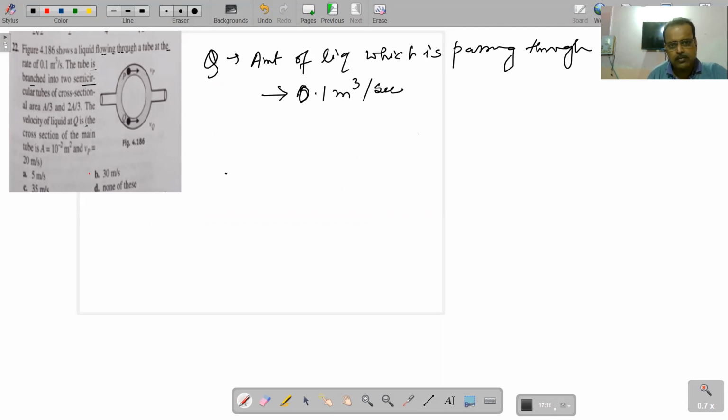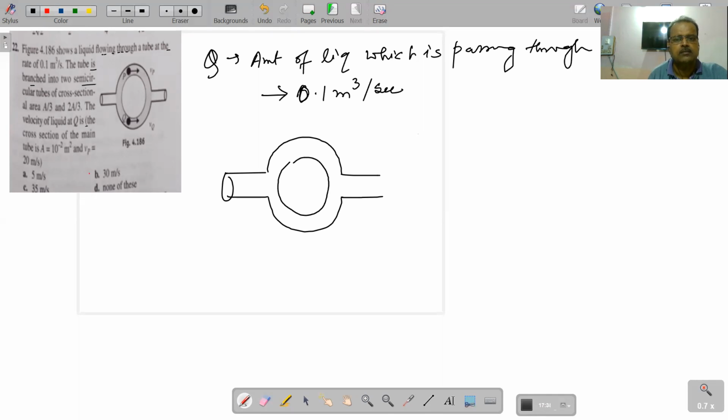Now if we just draw this particular tube, in this portion the liquid has bifurcated like this, and here also it has bifurcated. And again it has joined at this particular point, and in between there is a portion like this. So what is mentioned over here?